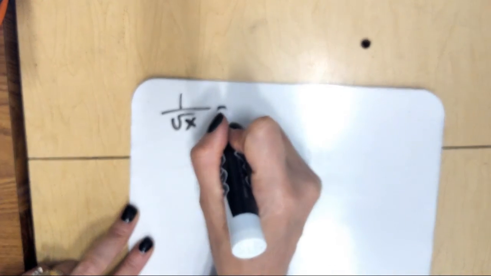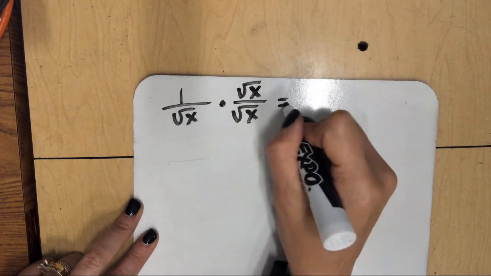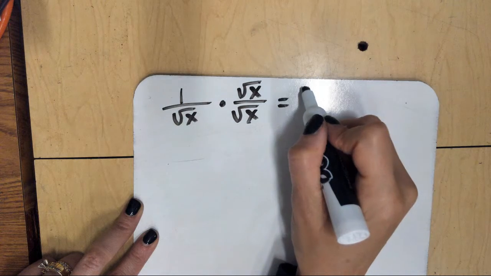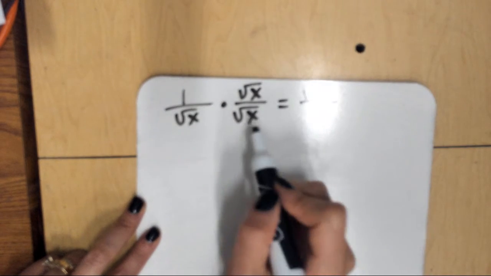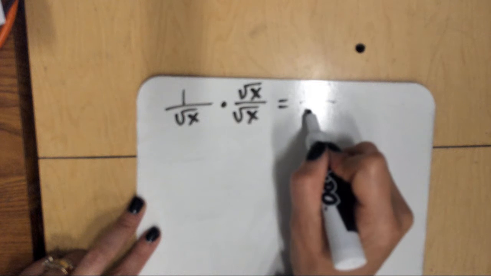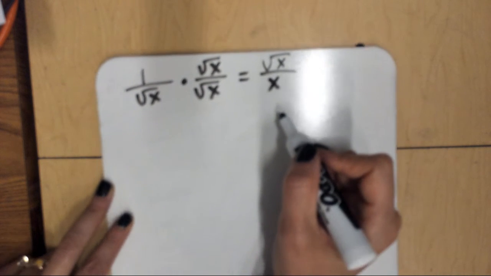So, in order to get rid of the square root of x, I can multiply it by the square root of x. But whatever I do to the bottom of my fraction, I must do to the top. So I'm multiplying the numerator and the denominator by radical x. 1 times radical x gives me radical x, and radical x times radical x gives me just x. And so I've rationalized my denominator.